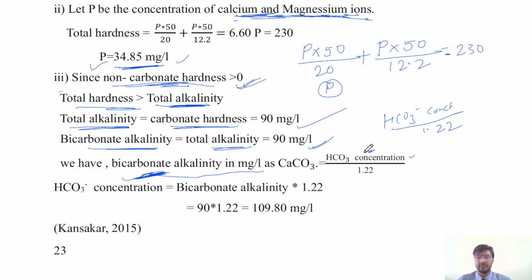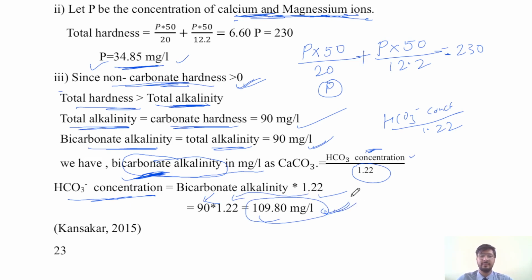That means HCO3 minus concentration is equal to bicarbonate alkalinity times 1.22. So the bicarbonate alkalinity is 90, and 90 times 1.22 gives the concentration of HCO3 minus, that is 109.80.